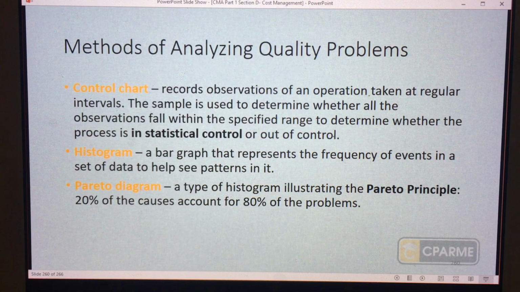Histogram is the use of a bar graph. Yung bar graph mo, pinapakita niya sa iyo frequency of the events para ma-identify mo yung pattern or yung trend.